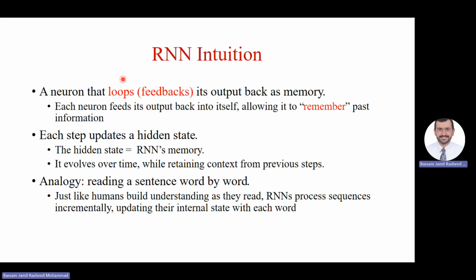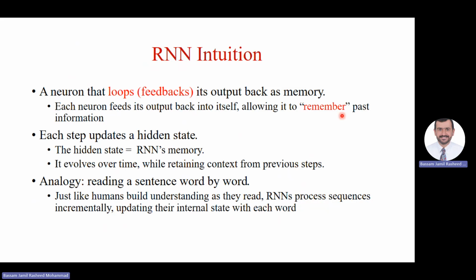How do we do this? What's the intuition for RNN? RNN loops or feeds back its output as memory, and that enables it to remember. Feedback always creates a type of memory.